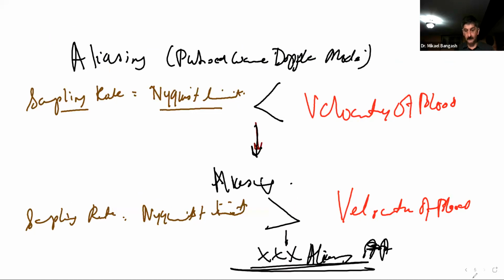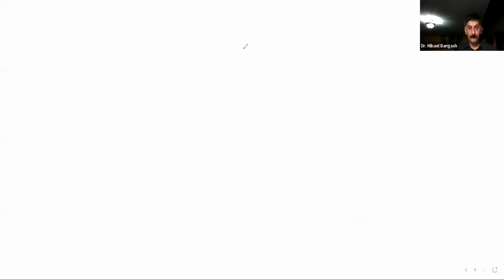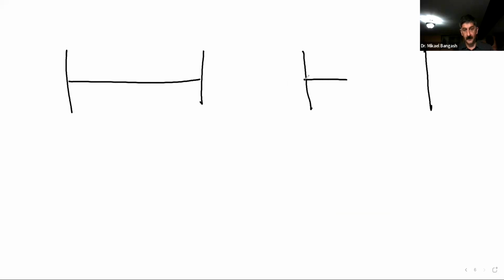Let's go here. Let's say that is going to be similar spectrums, because the size of the spectrum doesn't change. They remain the same. But let's just say that, as the velocity of blood.